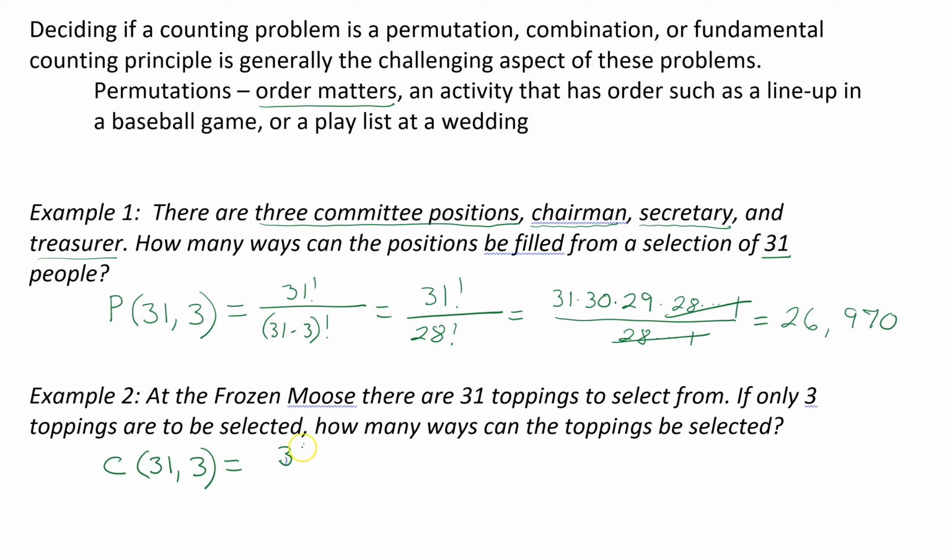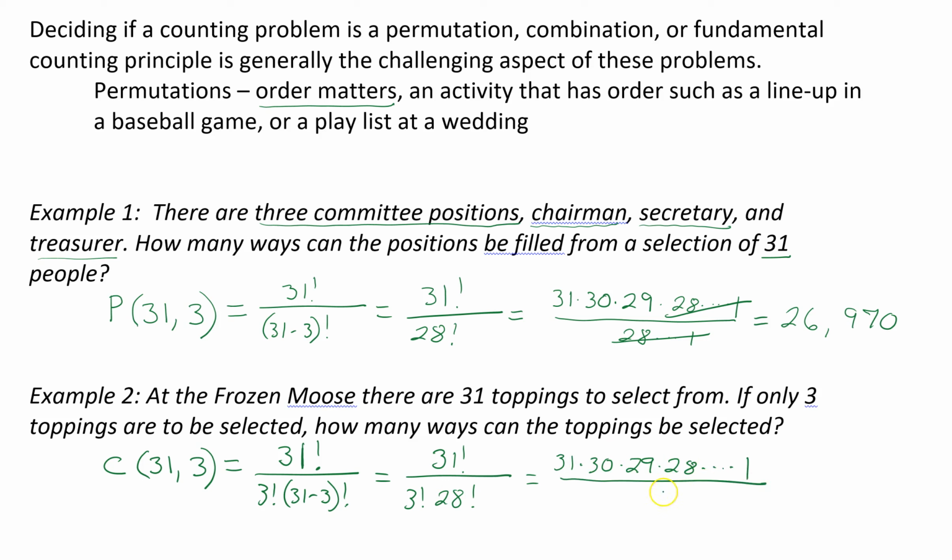And this would be 31 factorial over 3 factorial times 31 minus 3 factorial. This simplifies down to be 31 factorial over 3 factorial times 28 factorial. Similarly to the one up above, this would simplify down to be 31 times 30 times 29, and then all the factors from 28 down would reduce out.